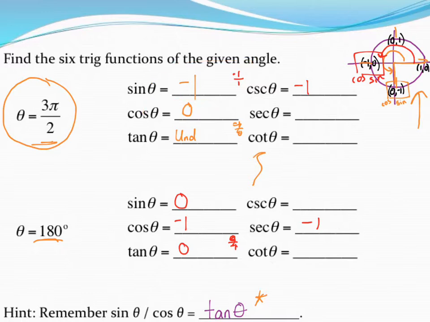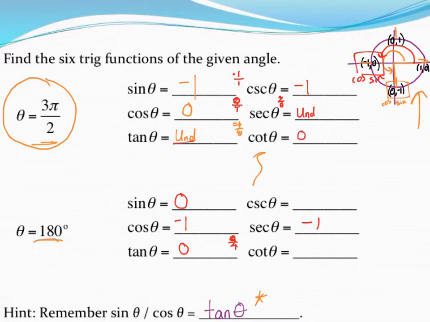The reciprocal of 0, be careful. If I write it like this, if I take the reciprocal and flip it, I get 1 over 0. And remember, we can't divide by 0, so the secant is undefined. Think of 0 and undefined sort of as being reciprocals of each other. And based on that fact, if the tangent is undefined, then the cotangent must be 0.